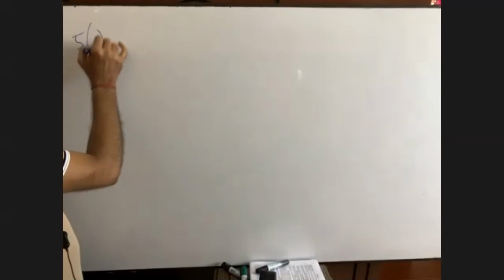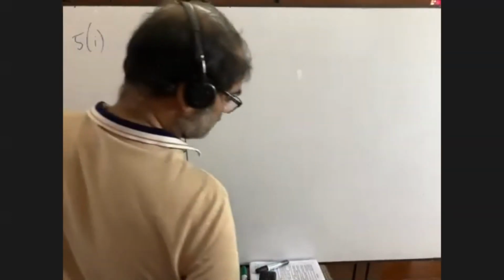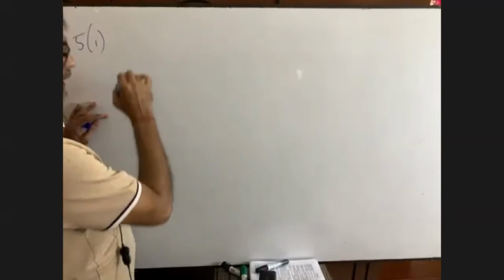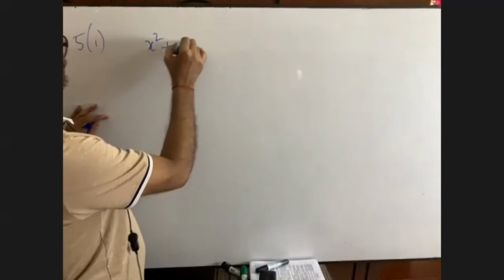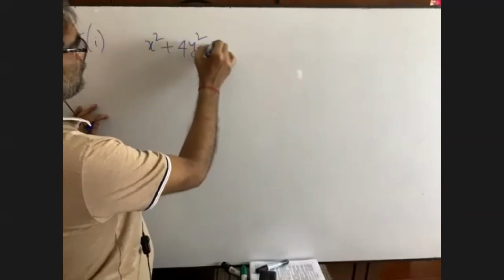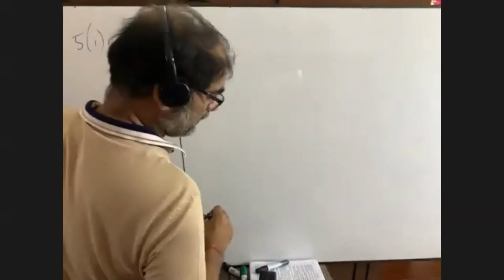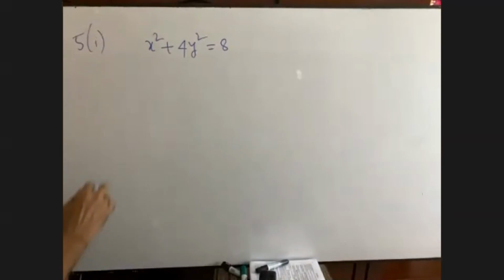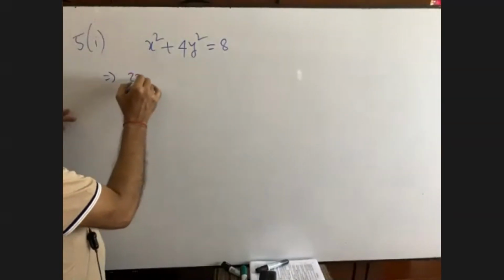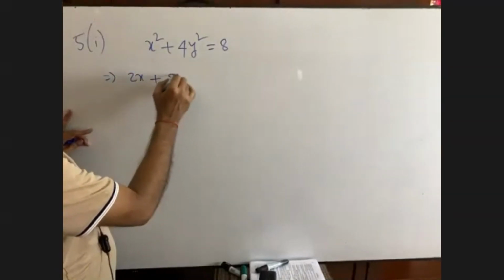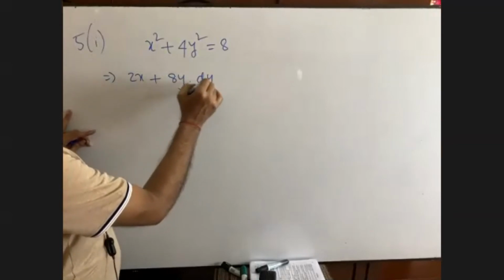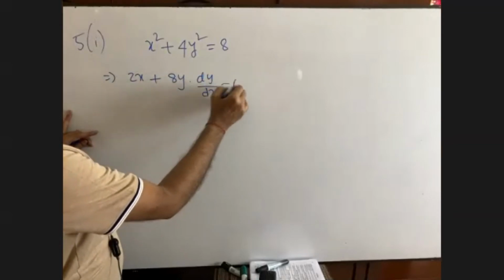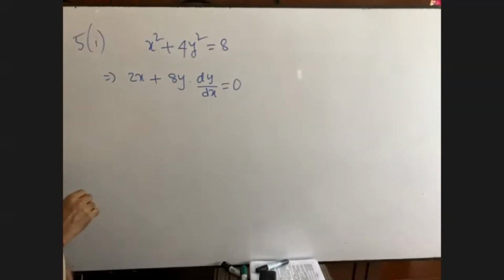Go to question number 5. Given curve x square plus 4y square equals 8. Okay, find dy by dx. 2x plus 8y dy by dx equals 0. Is it?